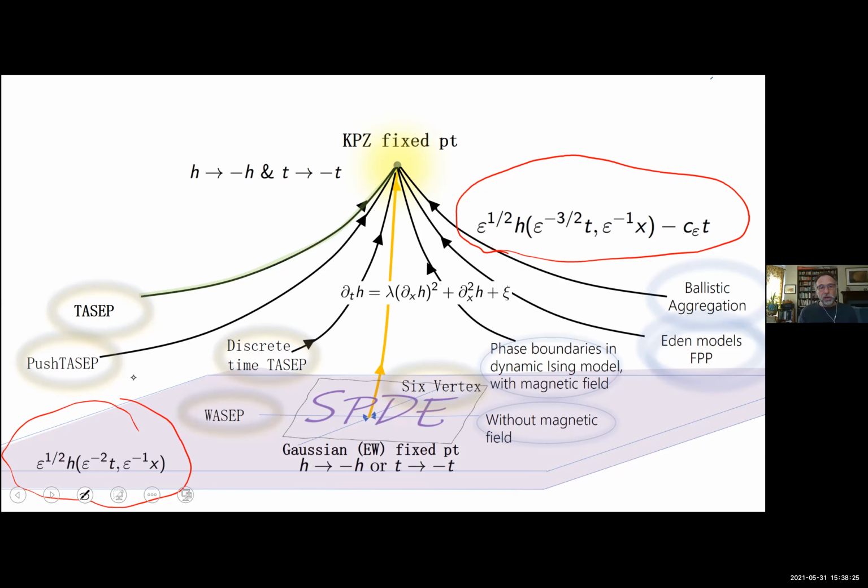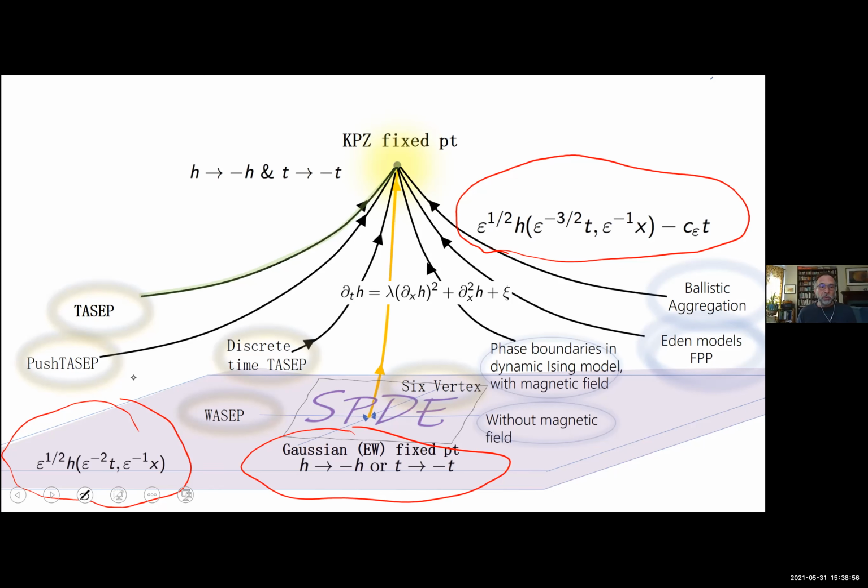And also the two models have different invariances. So the Gaussian fixed point is invariant either if you change the height to minus the height, you get statistically the same thing, or if you change time to minus time. So if you run the stochastic heat equation backwards, you can't tell the difference from forward time.